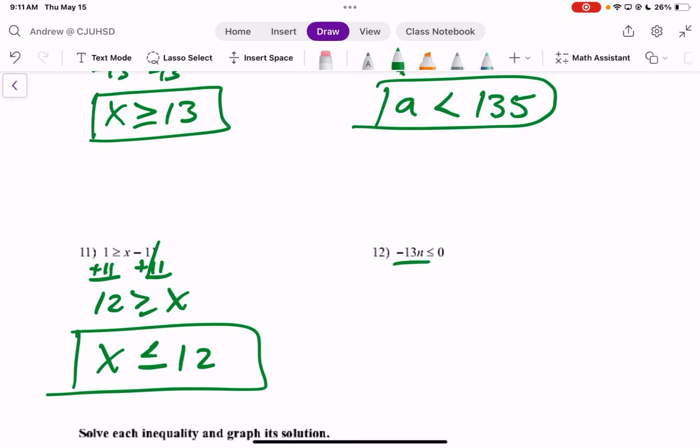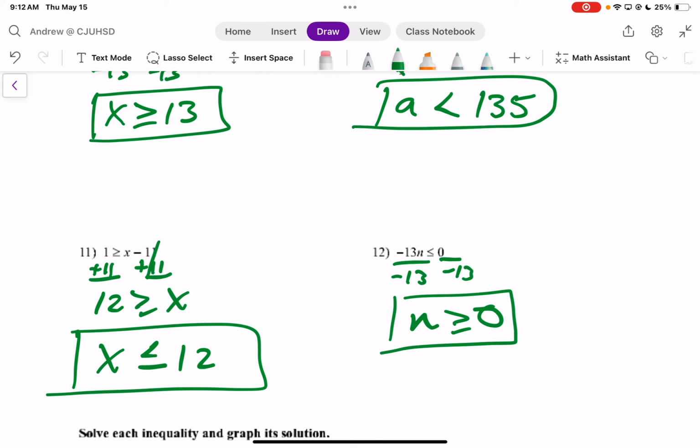And we're going to divide by negative 13. Even though this turns out to be a 0 on the right side, because we divided by a negative, the inequality must switch the other direction. So those were pretty fast to do.